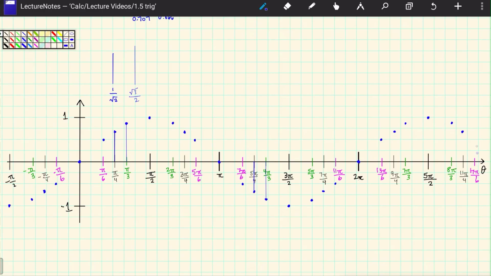Sine of 17 pi over 6 is 1/2 again. Okay, now we have lots of points filled in, and you can see this really beautiful curve. And so I am going to fill that in. Drawing smooth curves is difficult.